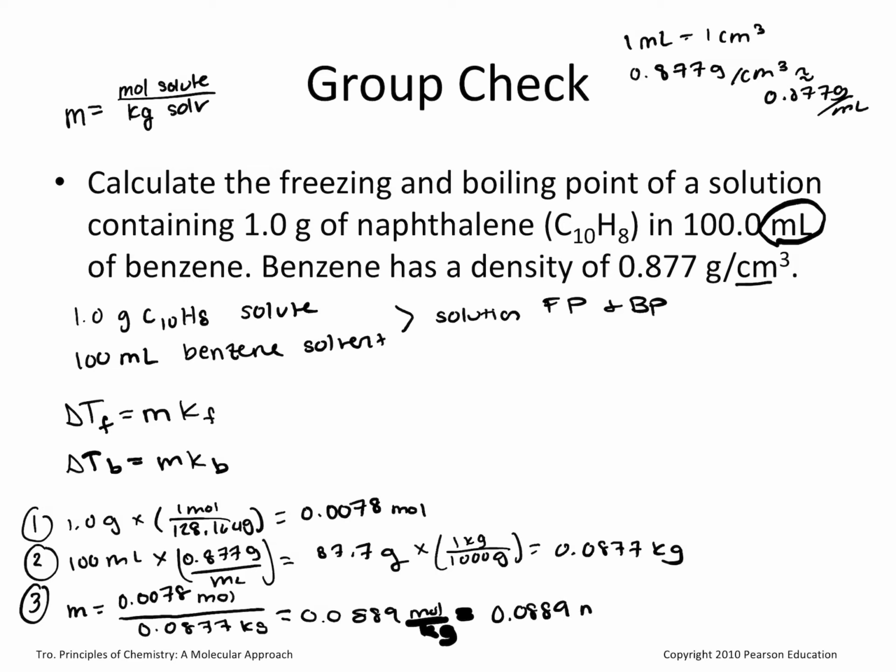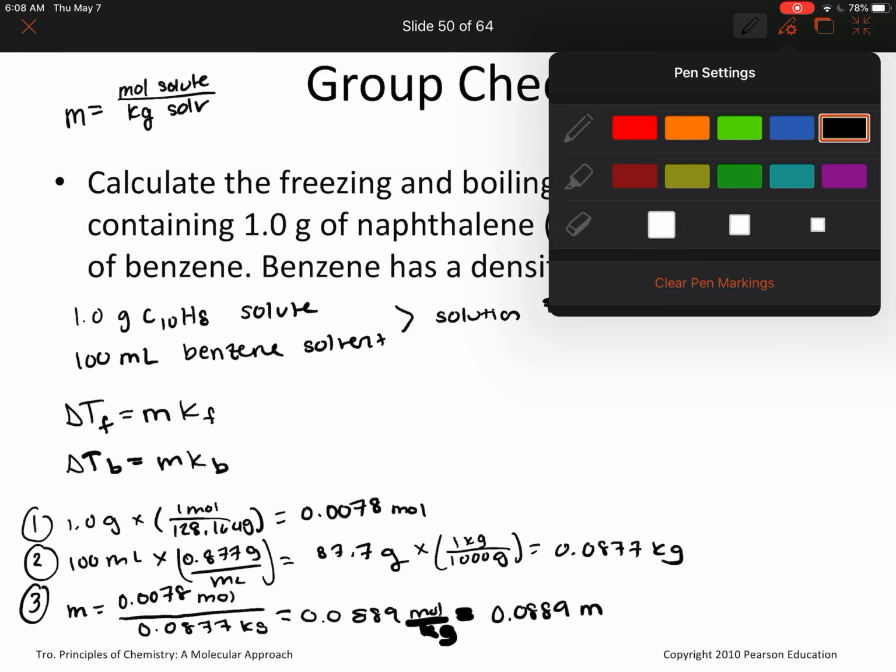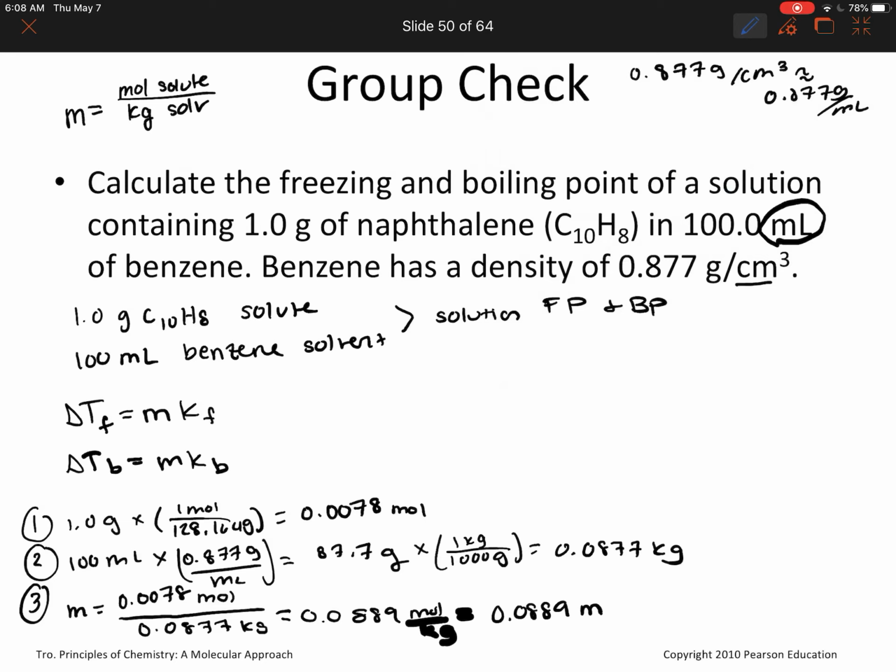This gives us moles per kilogram. The units don't cancel, which is fine, so we can abbreviate this as 0.0889 m, where little m stands for molality. Okay, so I just solved for my molality.